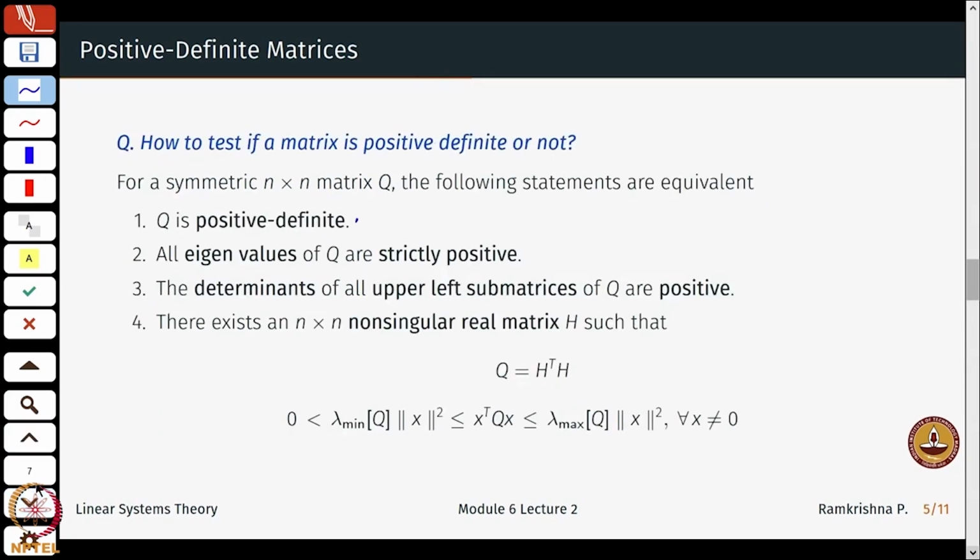For a symmetric n cross n matrix Q, whenever I say Q is positive definite, it also means that all eigenvalues of Q are strictly positive. Not only that, another way of testing is that the determinants of all upper left submatrices of Q are positive. So let us say I am just looking at a matrix of 3 cross 3.